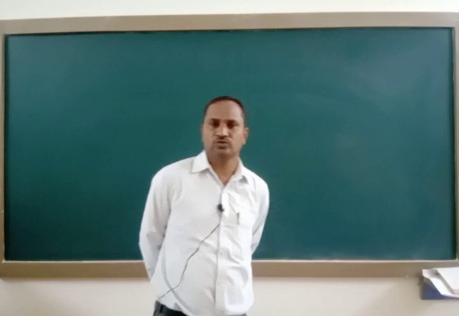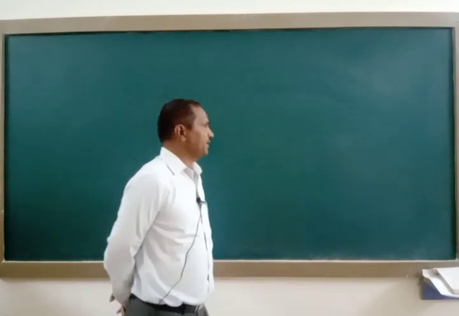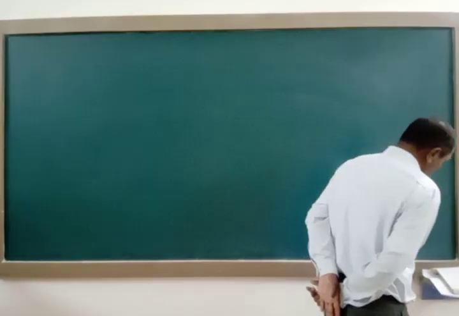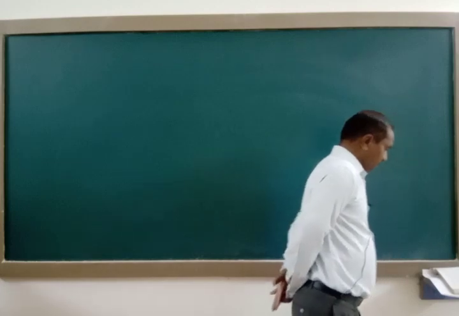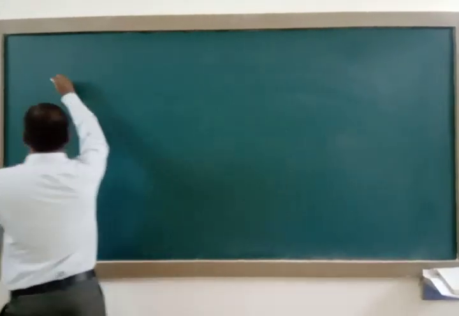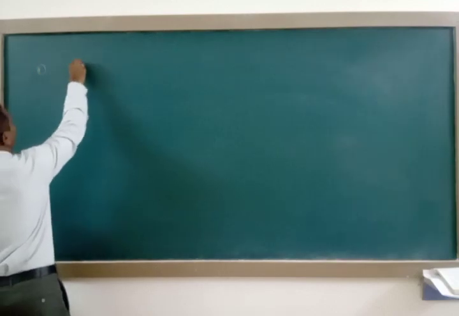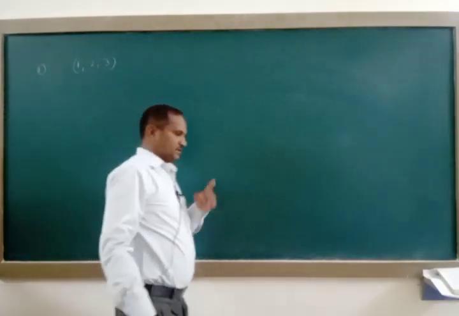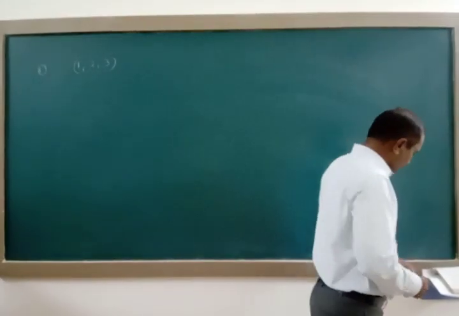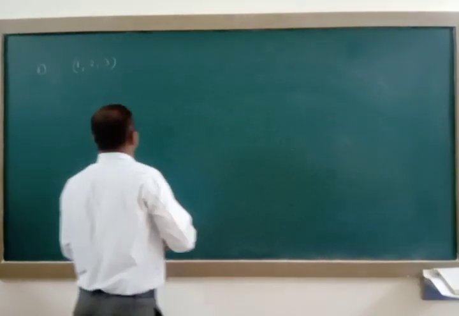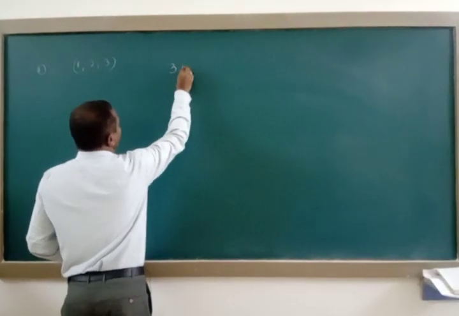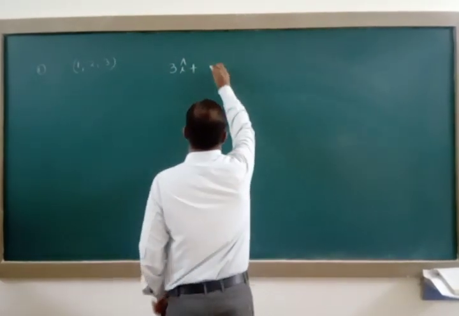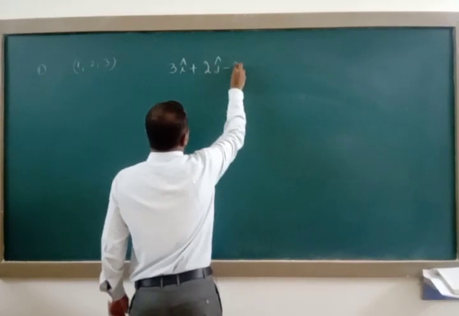Those problems belong to exercise 11.2. Now let us take the first problem: find the equation of the line passing through the point (1, 2, 3) and parallel to the vector 3i cap plus 2j cap minus 2k cap.